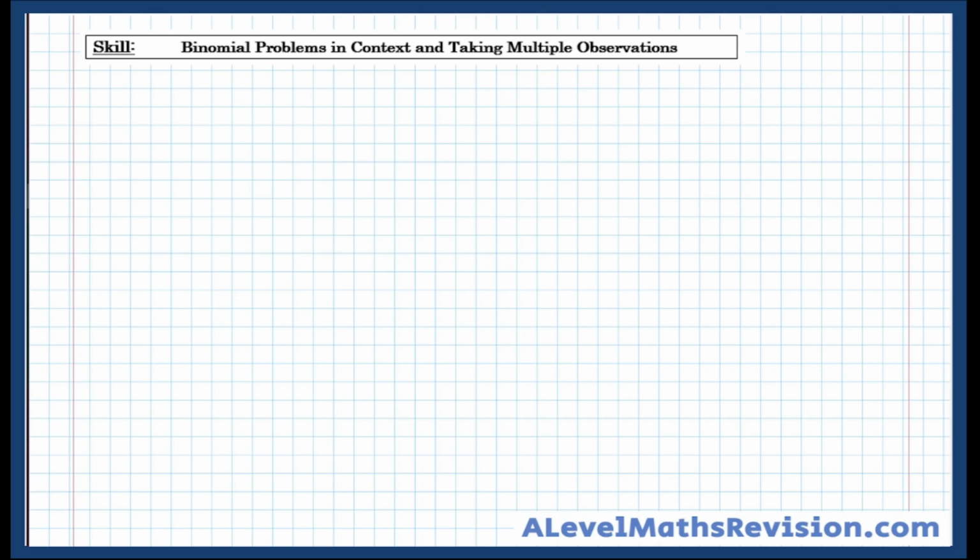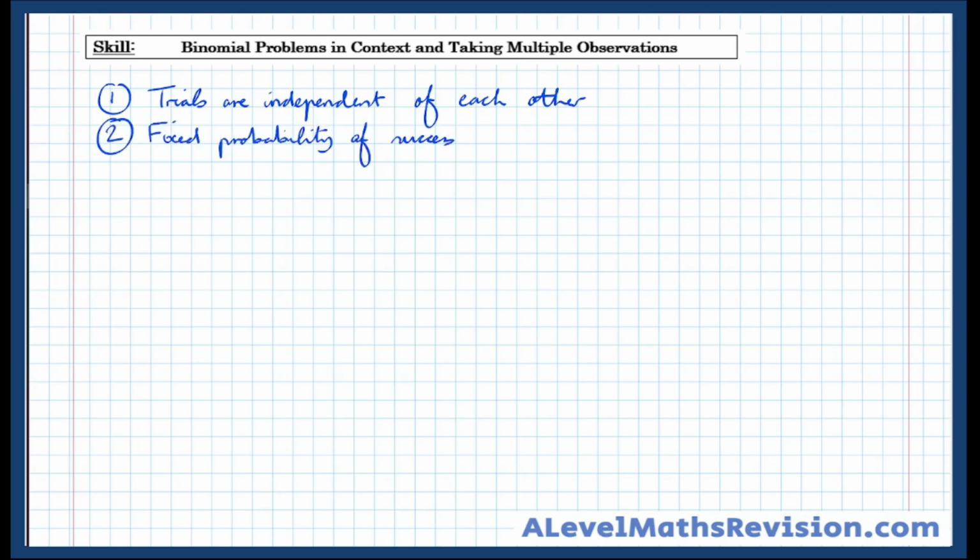Two assumptions in particular. The first assumption is that trials are independent of each other. What that means is the outcome of one trial isn't affected by an outcome of a previous trial. And the second assumption is that there's a fixed probability of success in each trial.